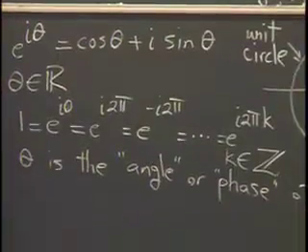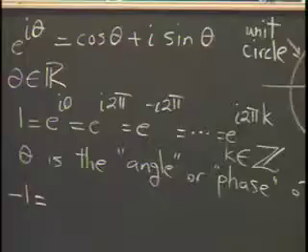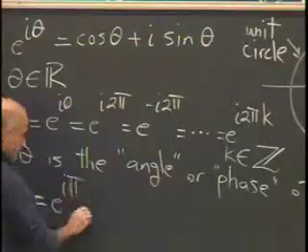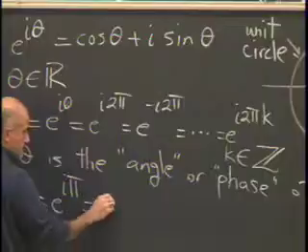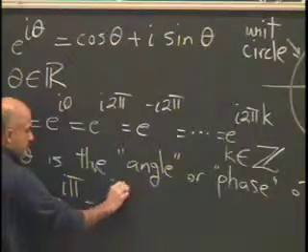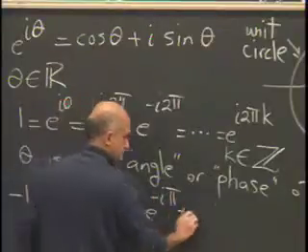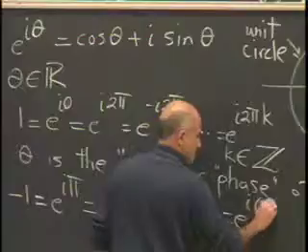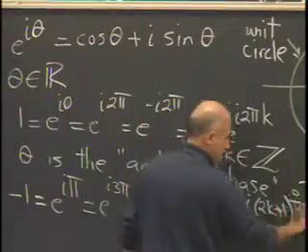So what about the number minus 1? E to the I pi, or e to the I 3 pi, e to the minus I pi. In general, e to the I times 2k plus 1, some odd integer, times pi.